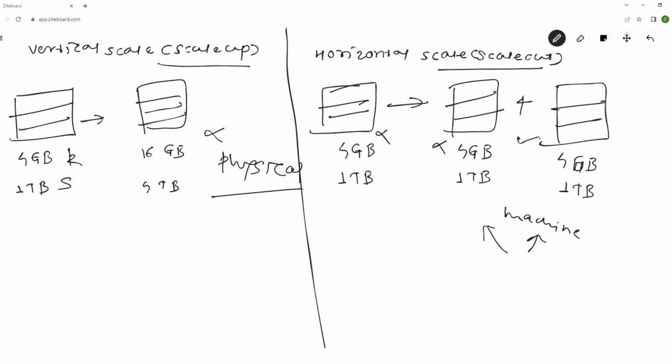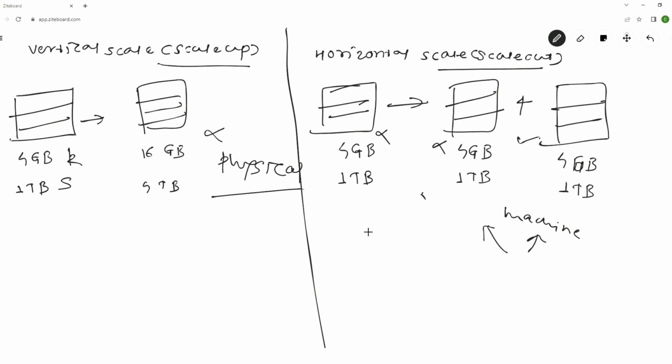In the vertical scale you can also face downtime when upgrading the resources. But for the horizontal scale there is no downtime. When you are increasing the machines, you are simply adding machines and moving the code to run on those machines also. So that's it for the vertical scale and the horizontal scale.